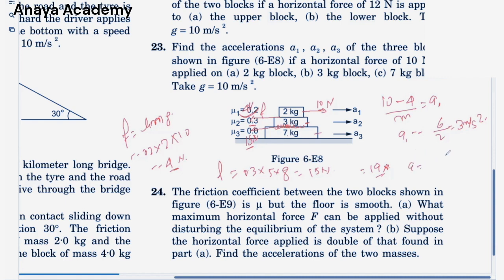So acceleration will be 4 upon 10, that will be 0.4 for A2.